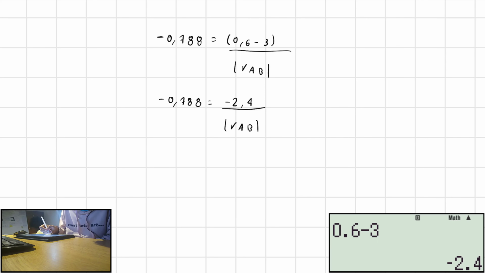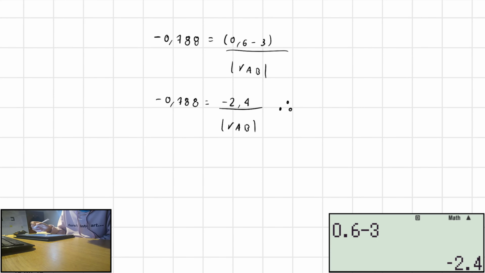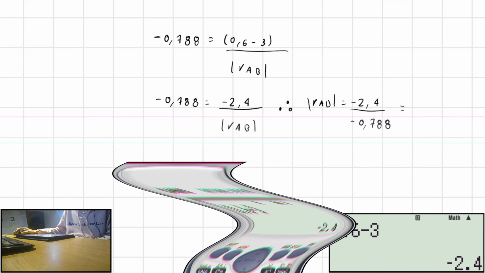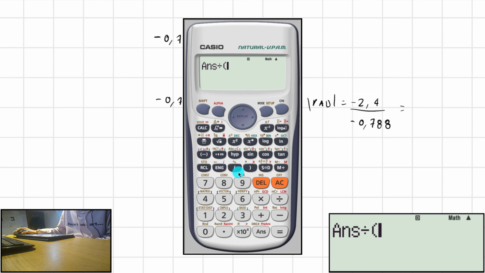That means that the magnitude of RAB is going to be equal to minus 2.4 divided by minus 0.788.